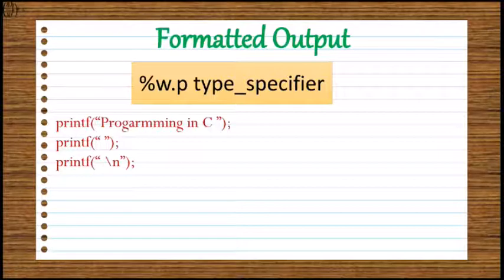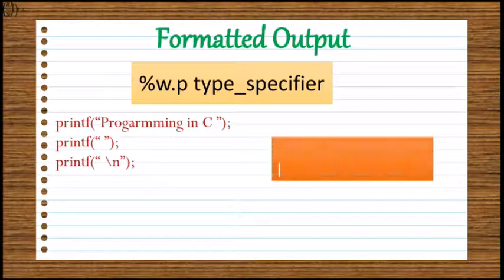Next one, printf, and in the printf function \n. So in this printf statement we are just moving to the next line, so the cursor is on the next line, but we are not printing anything.